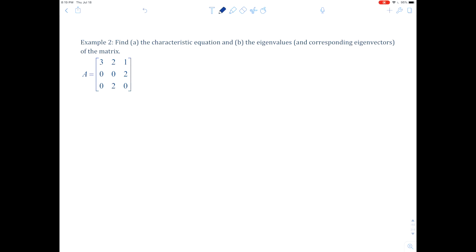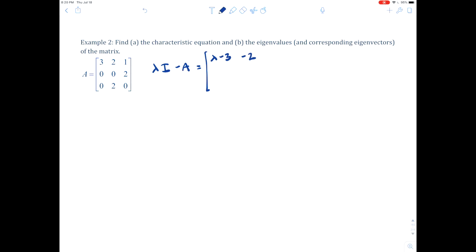We want to find A, the characteristic equation, and B, the eigenvalues and corresponding eigenvectors of this matrix A, which is shown below. So here we go. Lambda times the identity matrix for a 3 by 3 matrix minus A will be what? Beautiful. You're going to have lambda times 1 minus 3 is lambda minus 3.